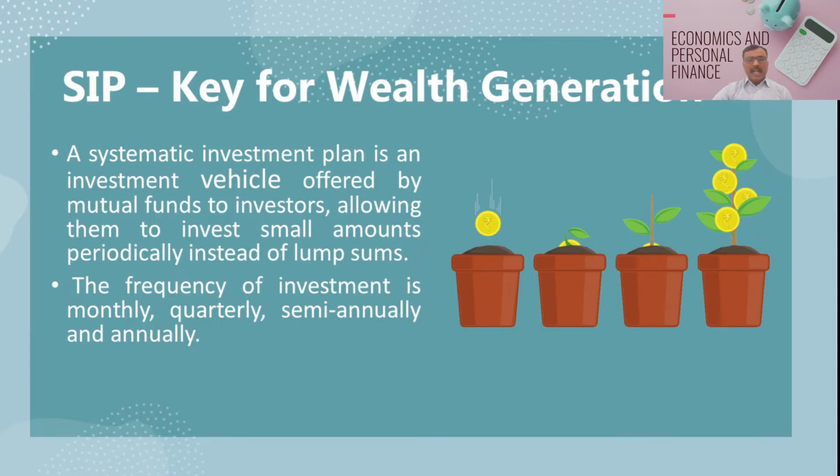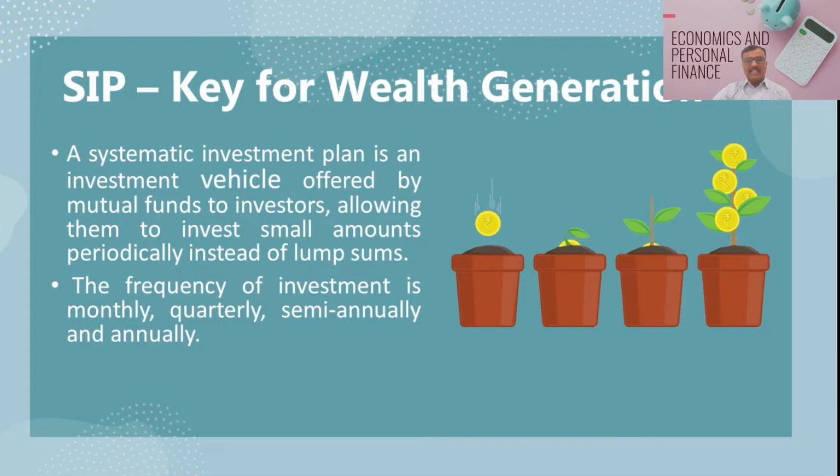A systematic investment plan is a method provided by mutual funds that allows investors to contribute smaller amounts at regular intervals rather than investing a large lump sum at once. This approach makes investing more accessible and manageable for individuals with varying financial capacities.